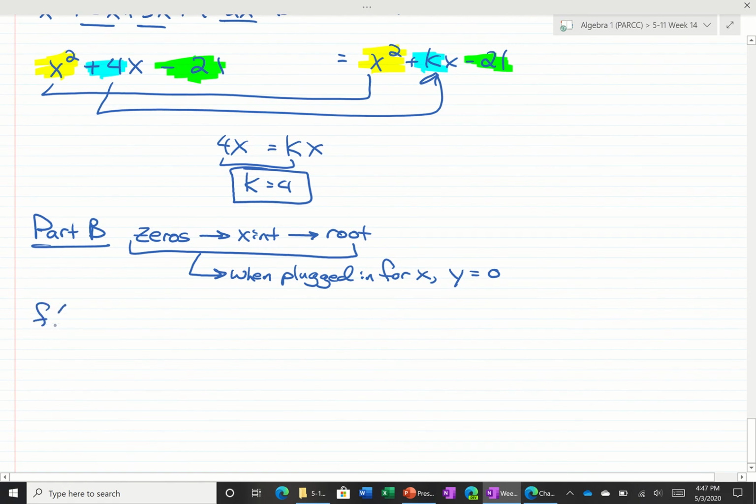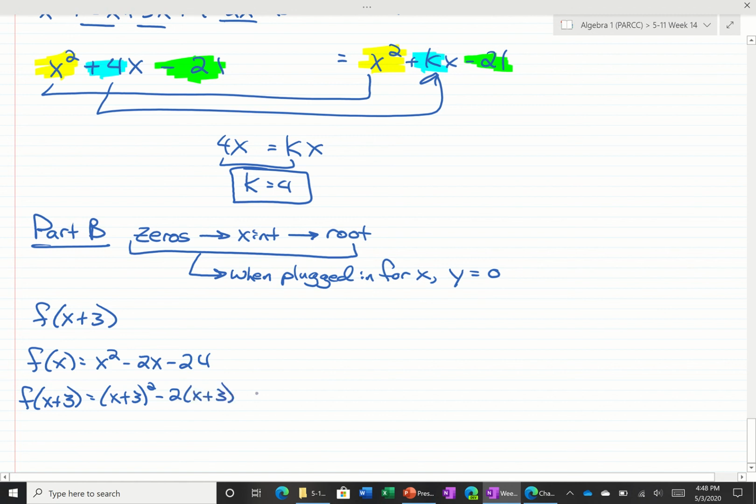And it's saying of f of x plus 3. Well, that's what we just did in the last problem. In the last problem, we figured out that if f of x was equal to x squared minus 2x minus 24, f of x plus 3 would equal x plus 3 to the second minus 2 times x plus 3 minus 24.